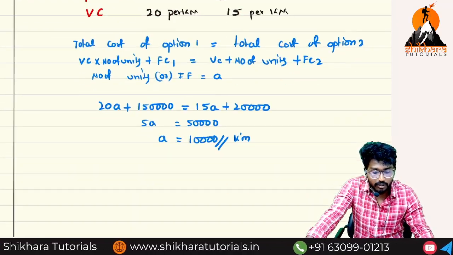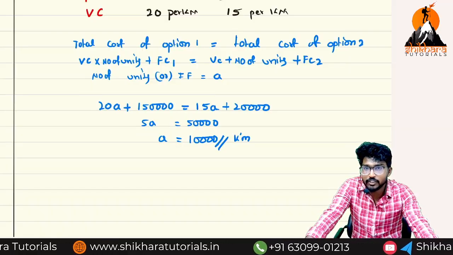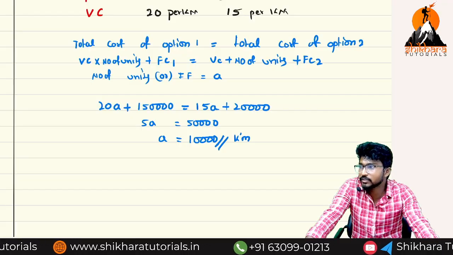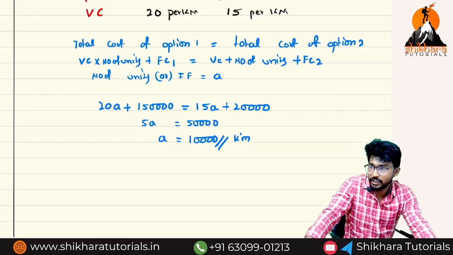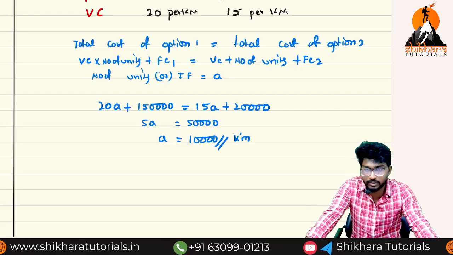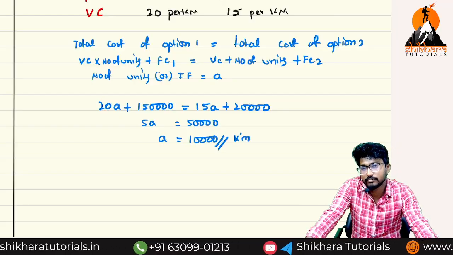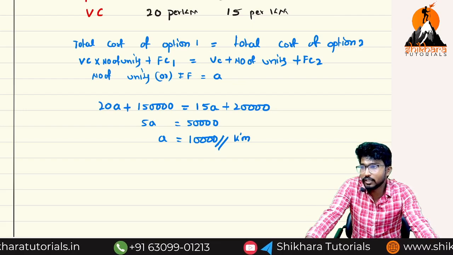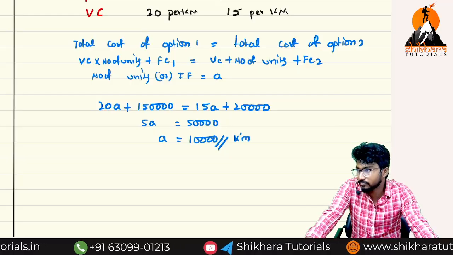Now what happens if my actual usage of the car is less than 10,000? If I am using less than 10,000 kilometers, which car will I choose? I will choose the car which is having low fixed cost.